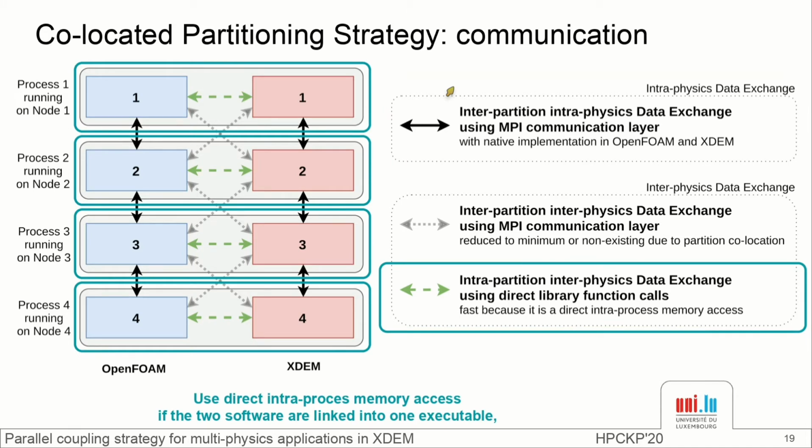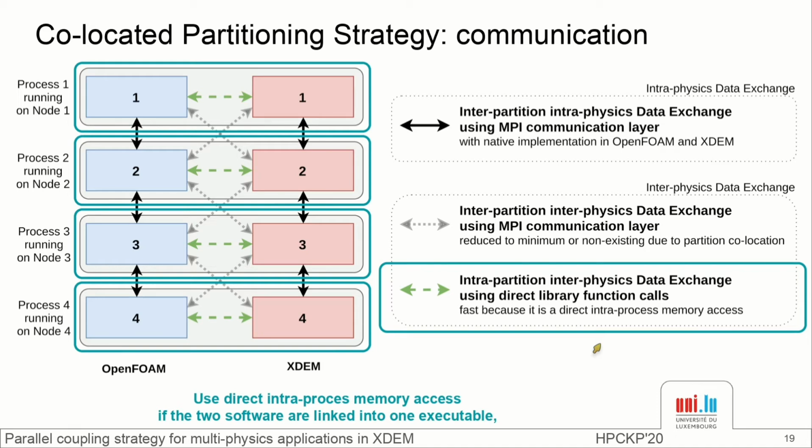The other type of communication will be the intrapartition interphysics data exchange. So those are the communications that happen between the two physics software, but for the partitions that are collocated.